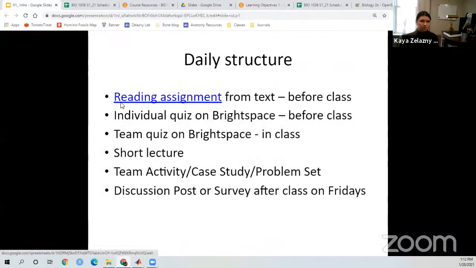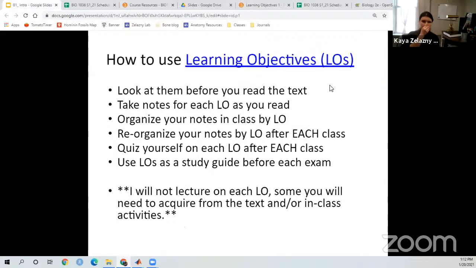Okay. So the way I want you to use these learning objectives is really, ideally, come back to them all the time. Right? So the learning objectives list out everything you need to know. If it is not in a learning objective, you do not need to know it. So it can be very helpful to have those learning objectives open or have them printed out as you're reading the textbook, as you're reading those reading assignments.